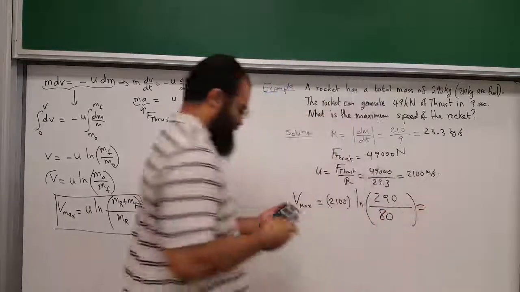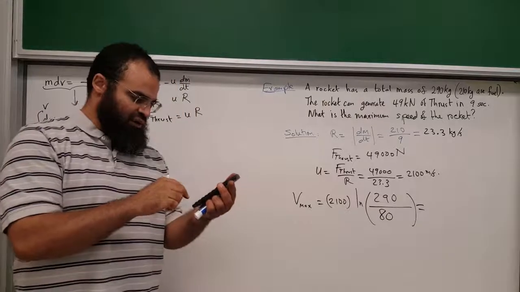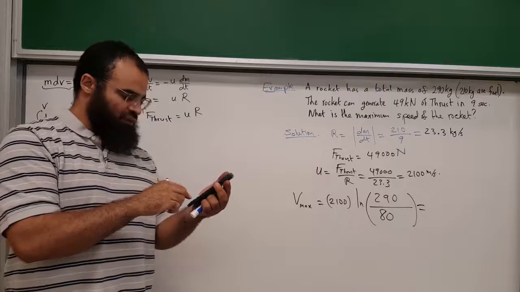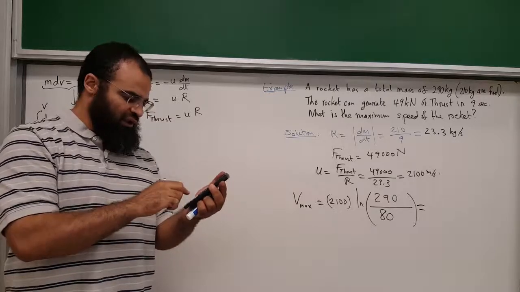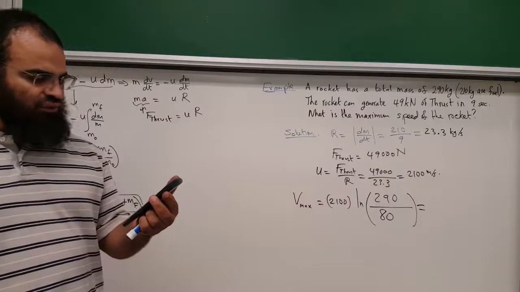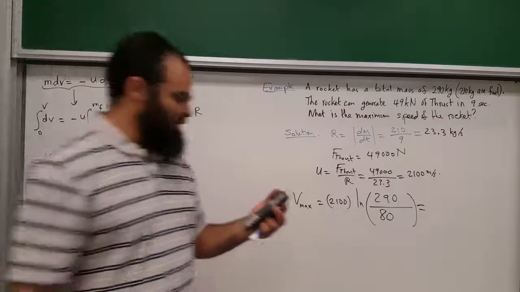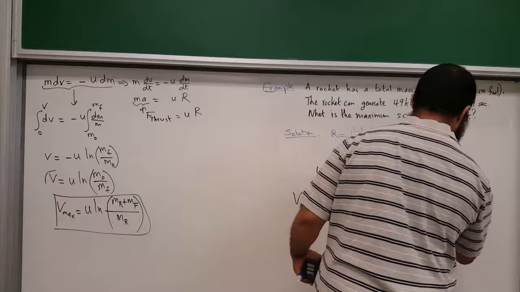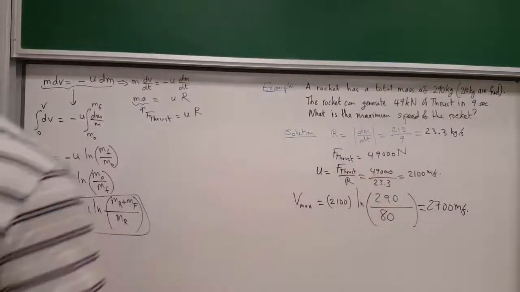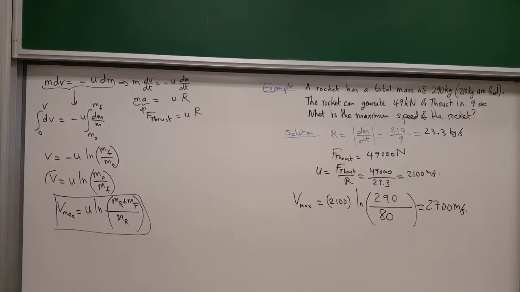So it's 2,100 times the natural log of 290 over 80. And that gives approximately 2,700 meters per second. So the rocket will be moving at 2,700 meters per second at the end of the fuel burn.